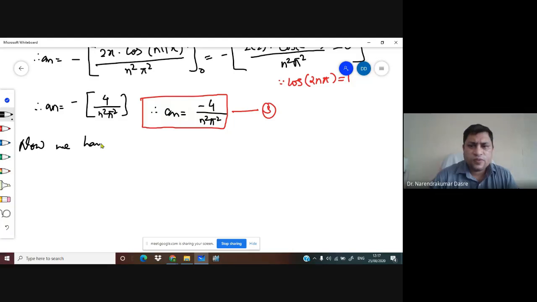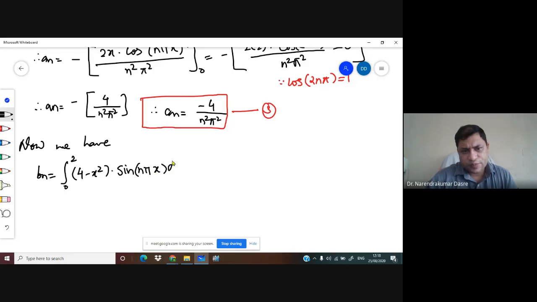so now we have bn is equal to integral 0 to 2 of (4 minus x square) into sine of n pi x dx. So again, this is going to be u, this is going to be v.